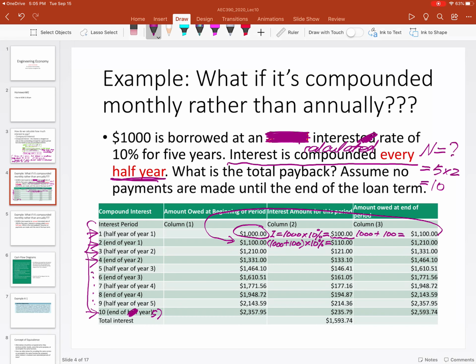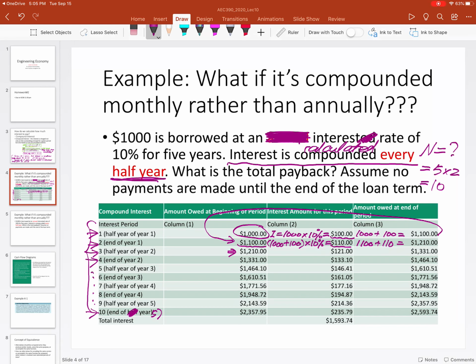Okay, and then the new amount you owe at the end of the second period will be the amount you owe at the beginning, 1100, plus the new interest in this period, 110. Okay, and then you copy this number to the beginning of the third period.